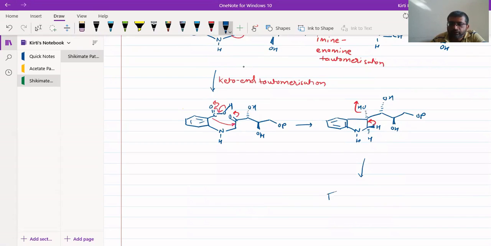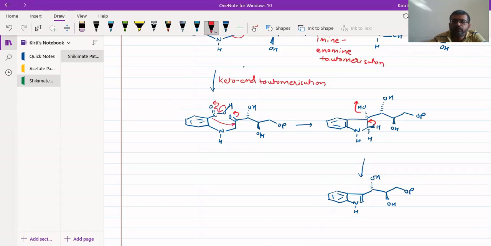We will have an indole ring followed by this side chain containing phosphate.